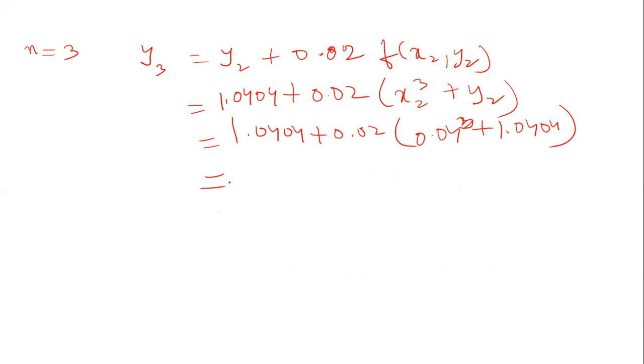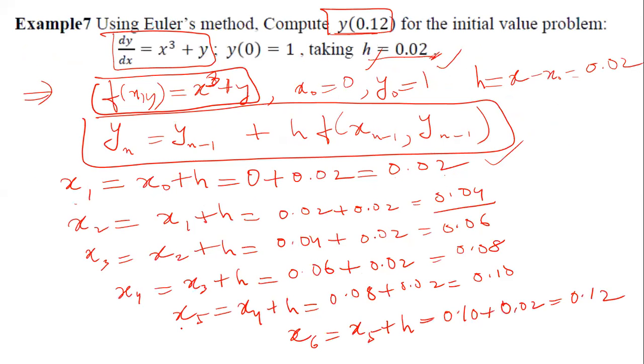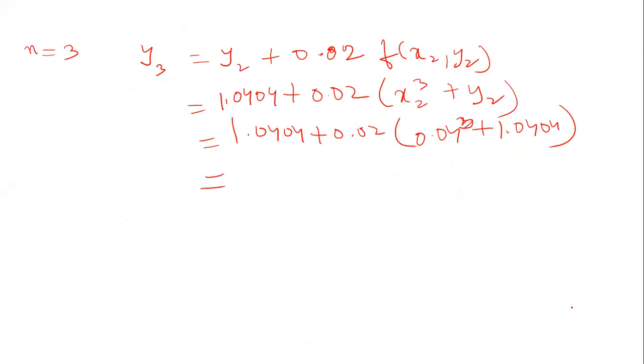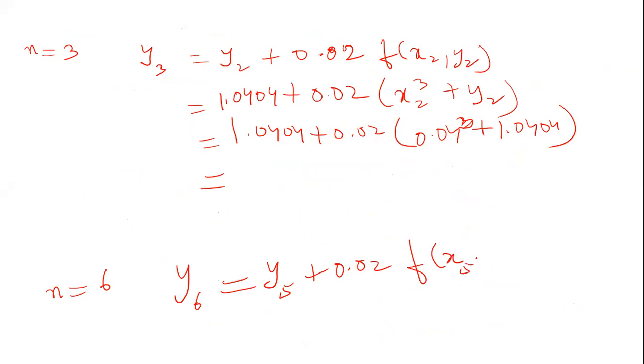You can deduce the value of, I think here, what is that? X6 is 0.12. So if you continue like that, you just calculate till n equal to 6. So for n equal to 6, y6 is y5 plus h, which is 0.02, times f of x5, y5.